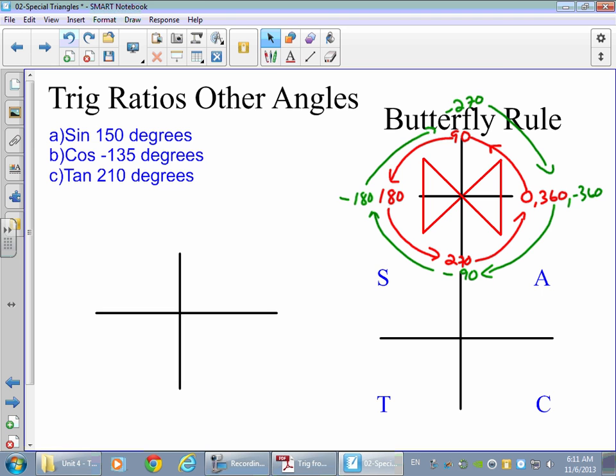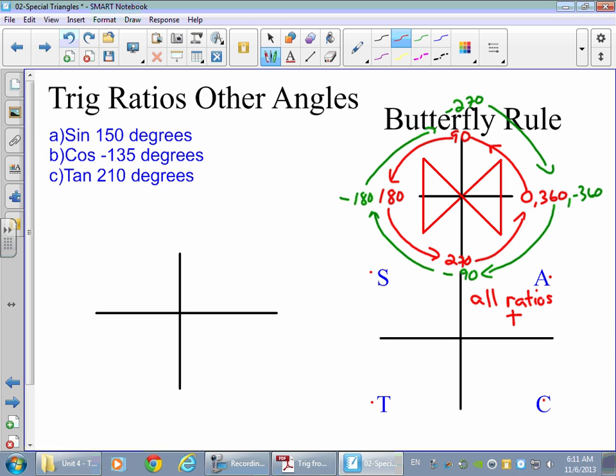And then the last thing is this C, A, S, and T, what we call the cast rule. This helps us establish where various ratios are positive. In the first quadrant up here, all ratios are positive, which means that if you have tan of an angle between 0 and 90, or cos of an angle between 0 and 90, or sine, they will always be positive.